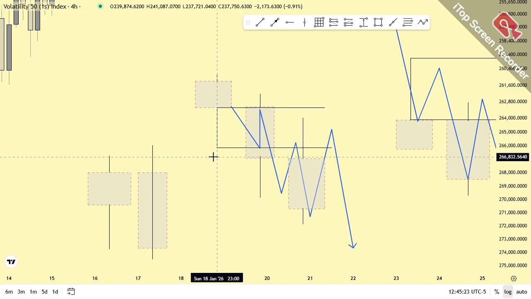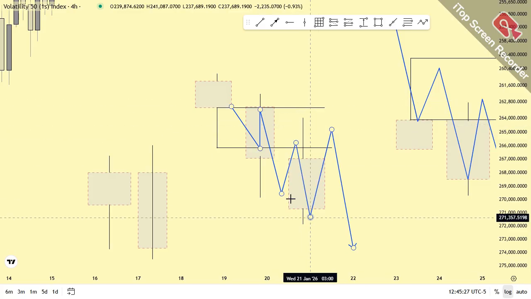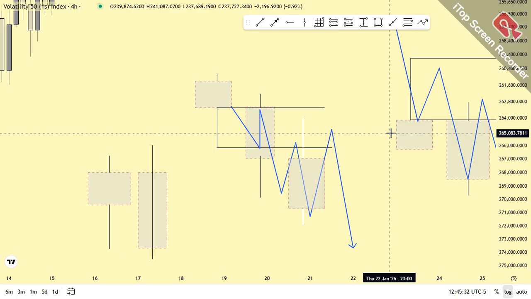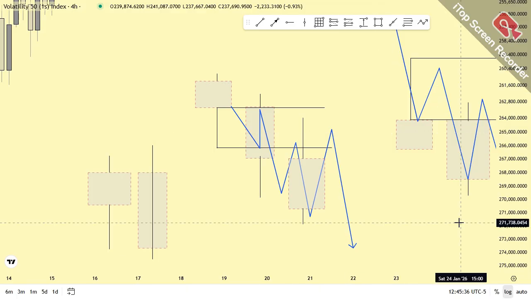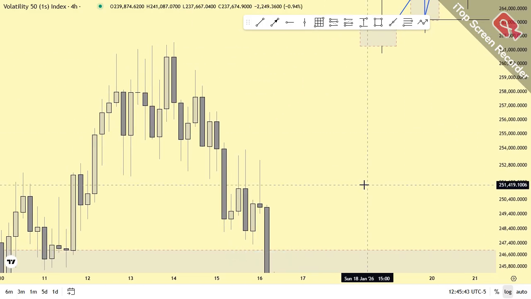So our break of structure will be from here. We'll have the break of structure, the liquidity, and then the entry, or we'll just have break of structure, then key level, and then we'll have the entry. So I'll return the chart back. So it happened today, but on a bearish scenario.